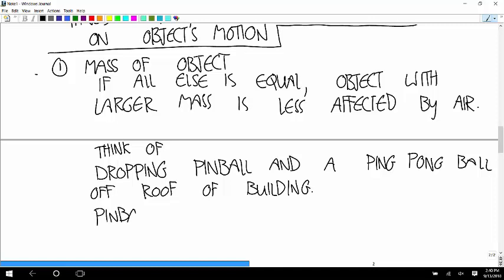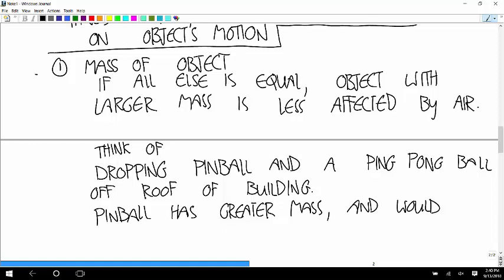So the pinball has greater mass and would hit the ground first.